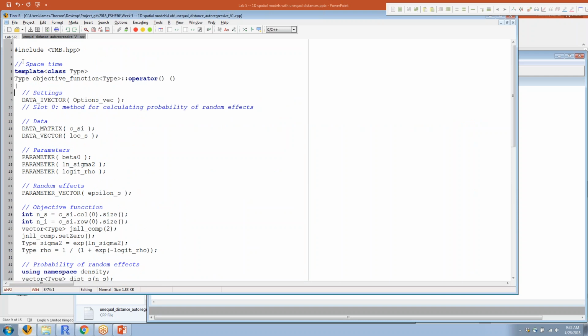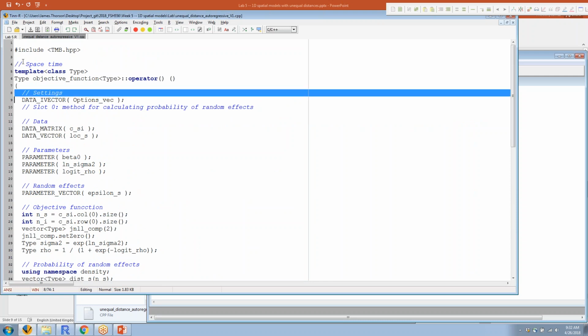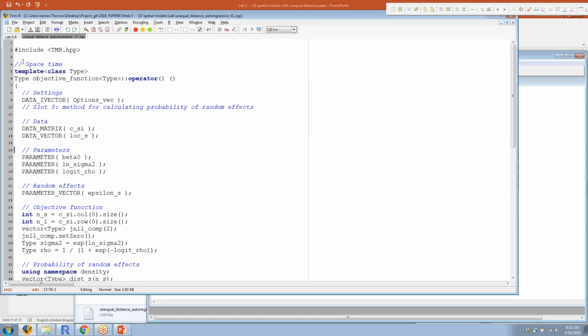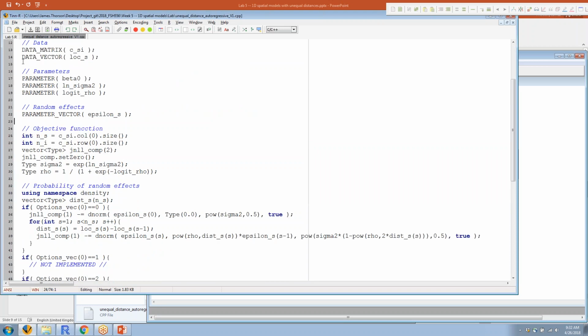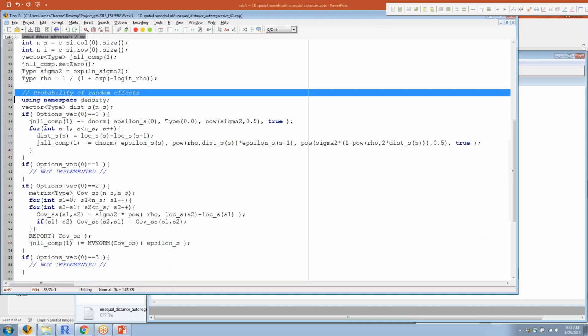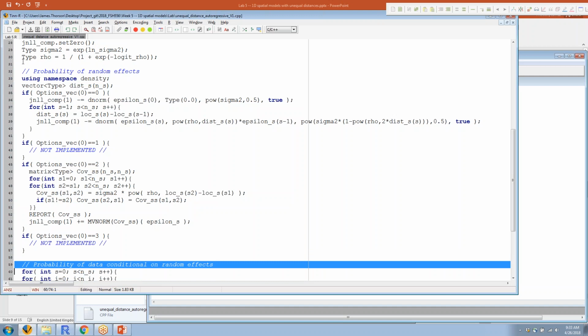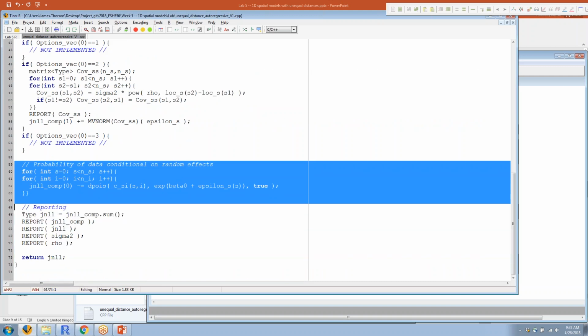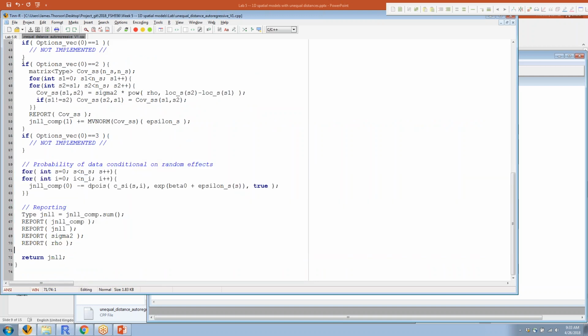And looking on the C++ side, we've got the same general blocks of code that we're used to seeing. We've got the read in the data, read in the parameters, do some basic bookkeeping, where we define the JNLL comp again for the different components, the negative log likelihood, retransform parameters, and then as we always do, a block of code for the probability of random effects, a probability of the data given the random effects and fixed effects, and then the output reporting.